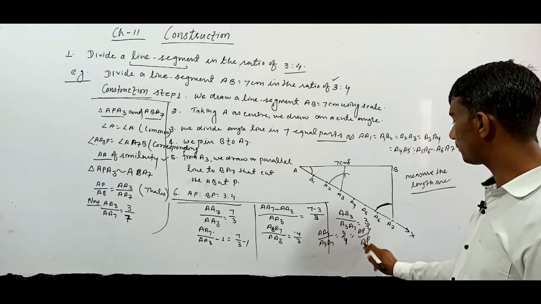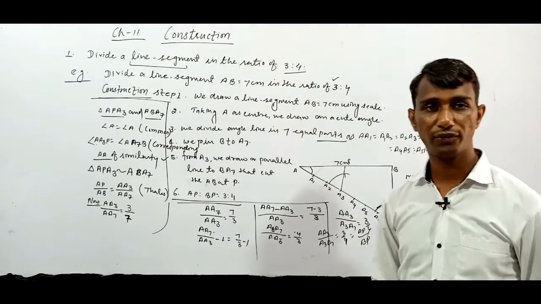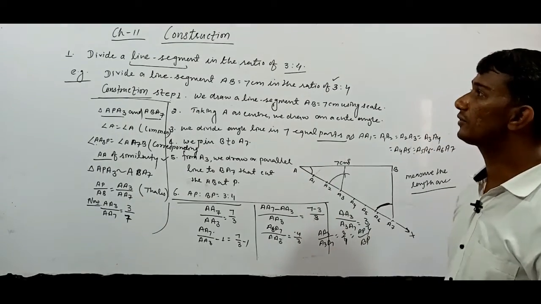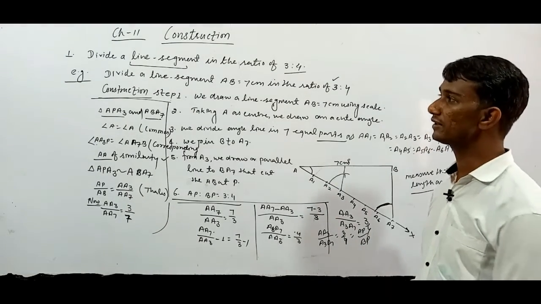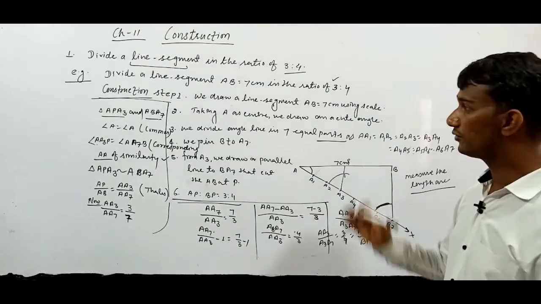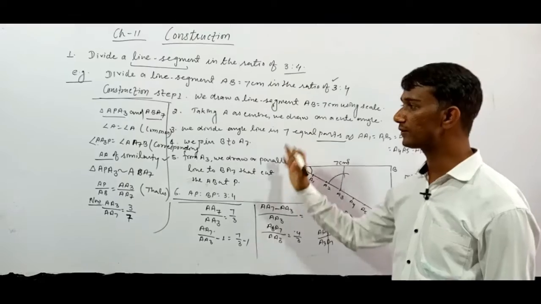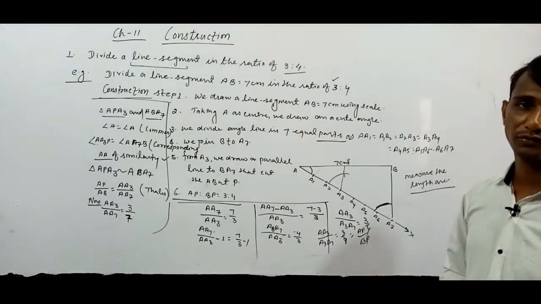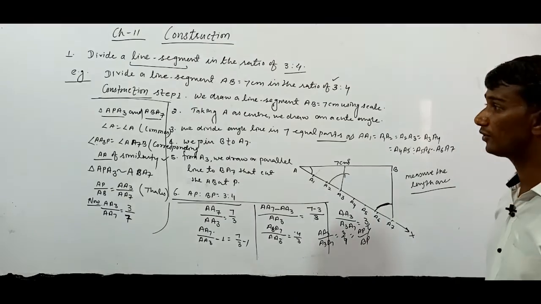So AP upon BP equal to 3/4. This is called the justification. In this way you can understand how to divide a line segment in the ratio 3:4. Using these steps of construction and justification, you can show the proper way of solution. I hope you are getting all the points.